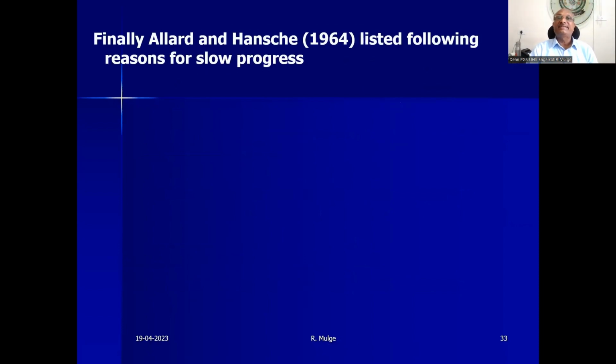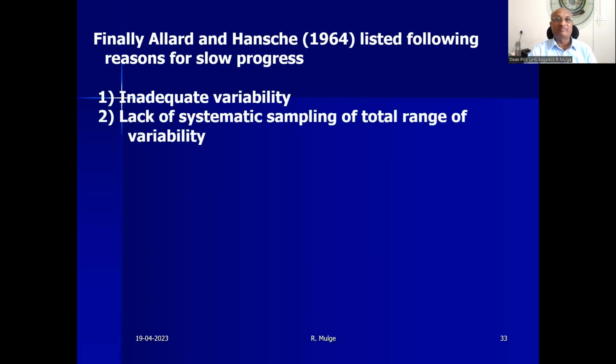Finally, Allard and Hansi listed the following reasons for slow progress. There are genetic barriers, but these scientists have brought out where the bottleneck is, the main reason for slow progress in plant breeding.